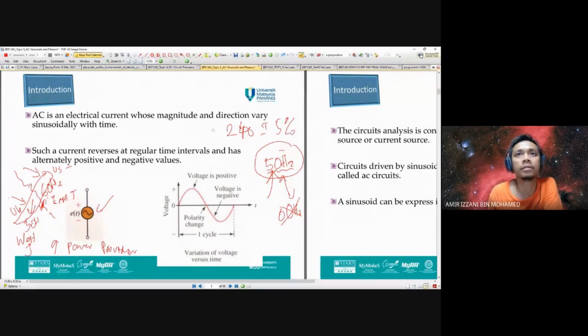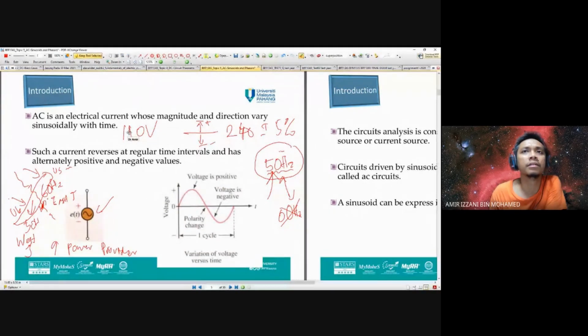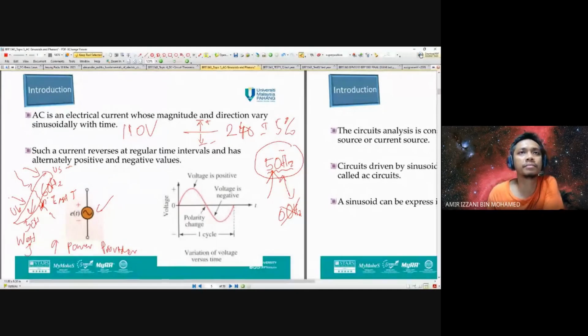The standard is 240, fluctuating plus minus 5%. The other voltage in the world is 110 volt, which is in Japan, and maybe also in the US. So 240 volt and 50 hertz.